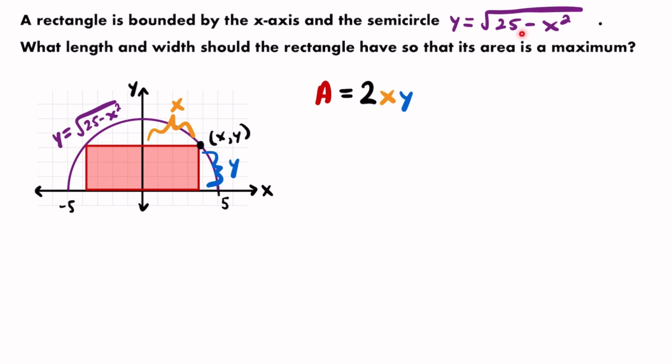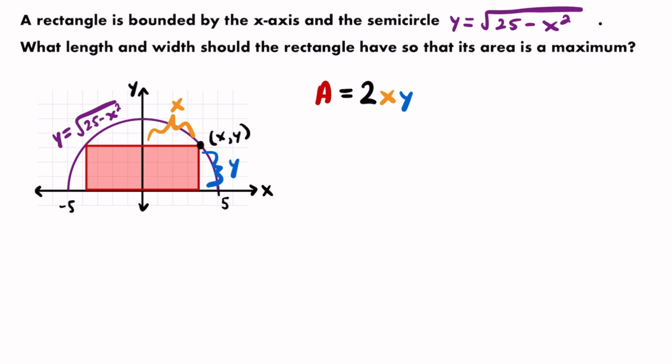In this case, the semicircle would be our quote-unquote fixed value because it's not going to change, right? We're not trying to maximize the area or the perimeter or anything like that about the semicircle. The semicircle is going to remain the same. It's constant. It is serving as a boundary for our rectangle. So this equation is our constraint, and we can use it to rewrite our primary equation, right?